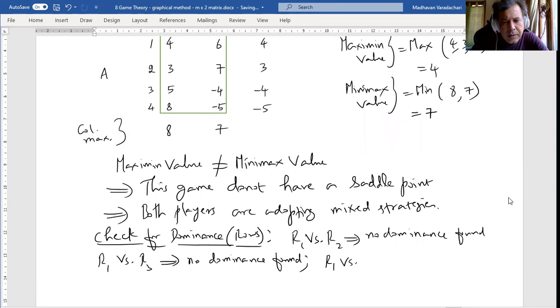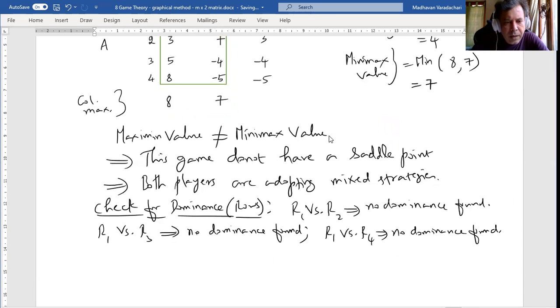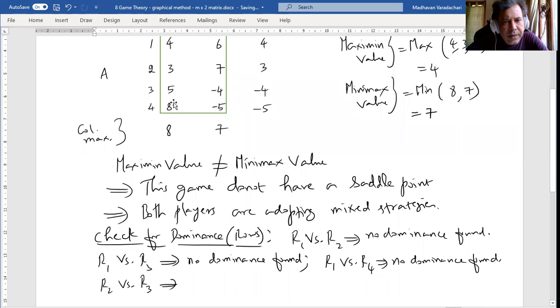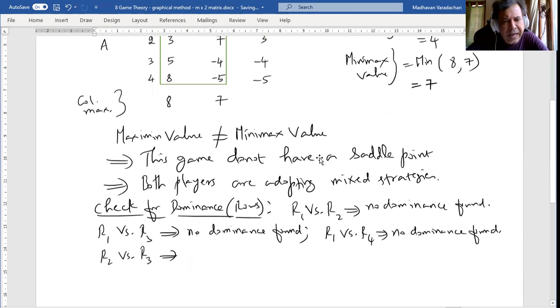R1 versus R4. 4 is less than 8, 6 is larger than -5. So again, no dominance found. Now comes R2 versus R3. 3 is lesser than 5, whereas 7 is larger than -4.